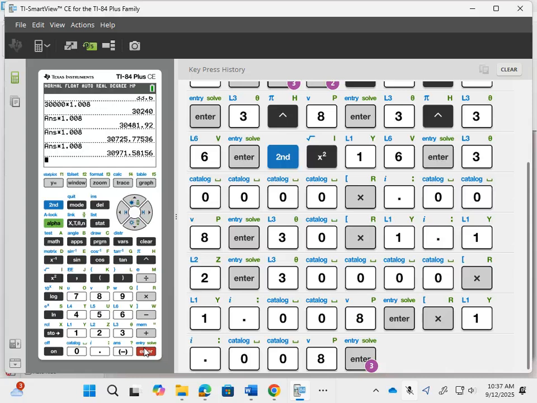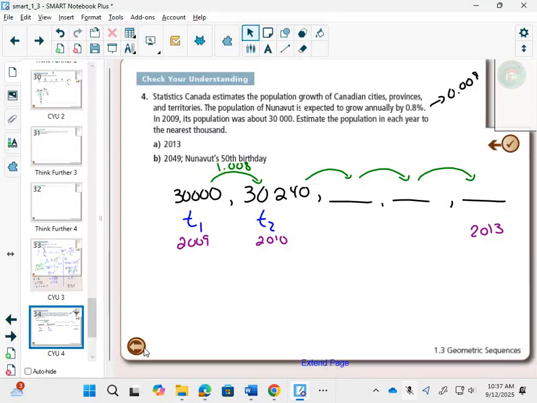30,971.6. But it says round to the nearest thousand. So I'll round it: 30,972.